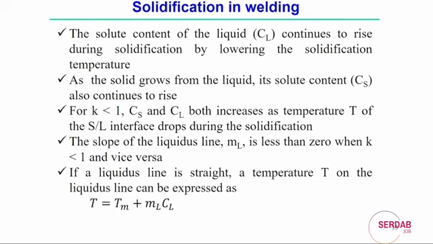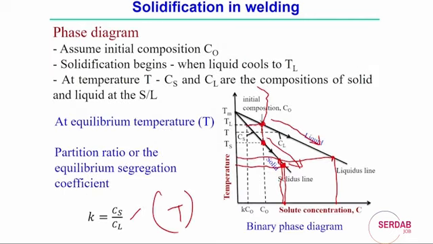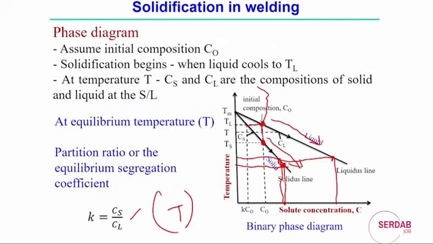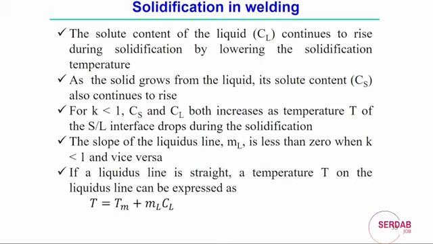The slope of the liquidus line, m_L, is less than 0 when k is less than 1, and vice versa. In this diagram the slope is negative when k is less than 1, and of course the reverse is also correct.